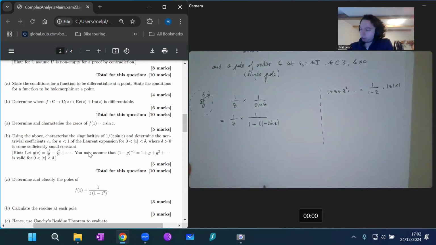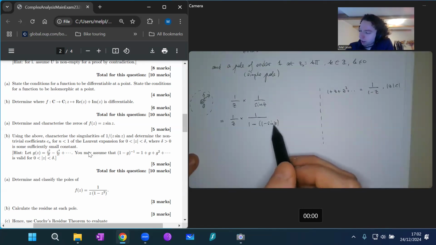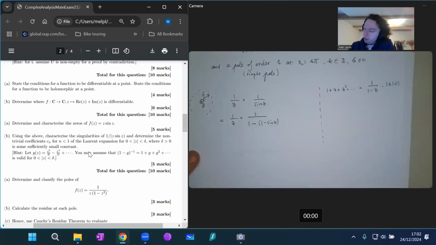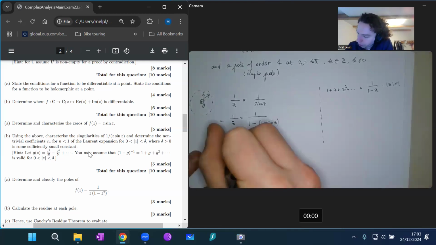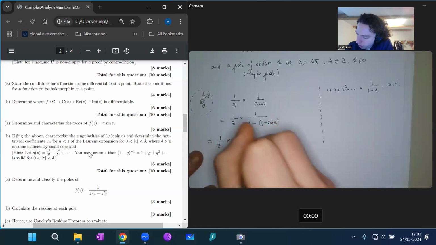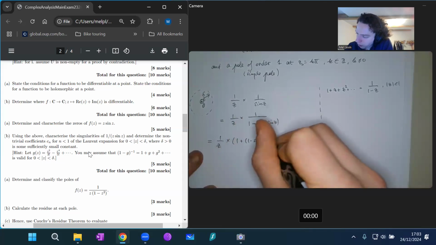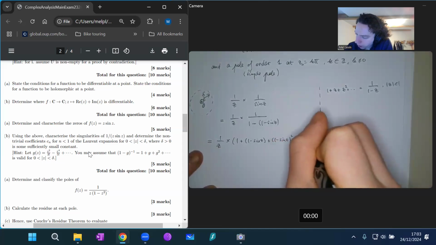And the other thing that they're suggesting us to do is, well, what should I do? Actually, let me just use the expansion there, and then we'll use the other thing later. So that'll be 1 plus 1 minus sine z plus 1 minus sine z squared, etc., etc.